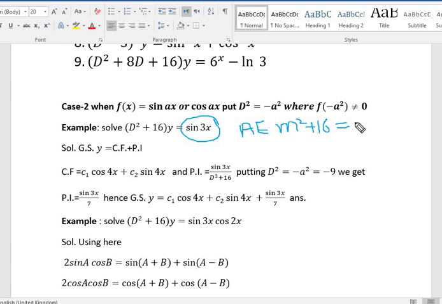Writing the auxiliary equation: m square plus 16 equals 0. It means m square equals minus 16.